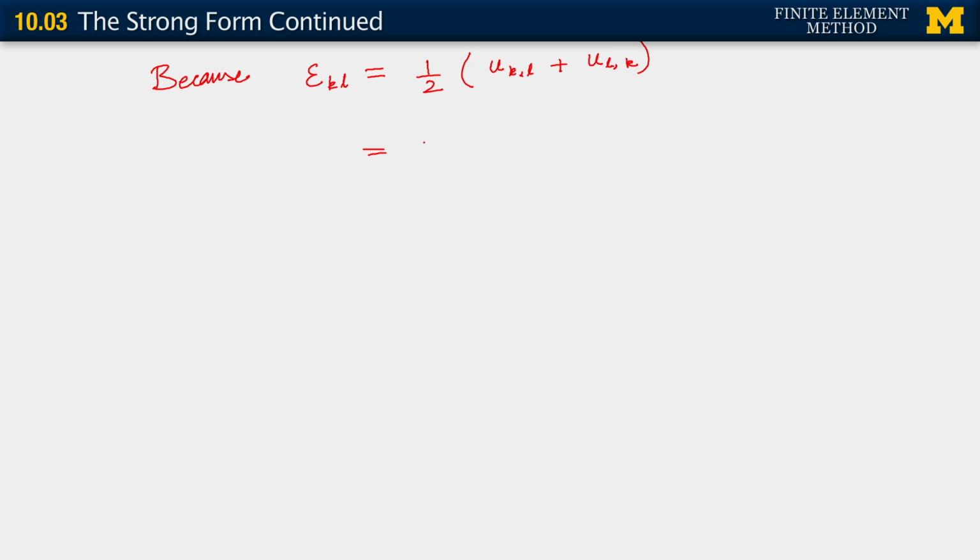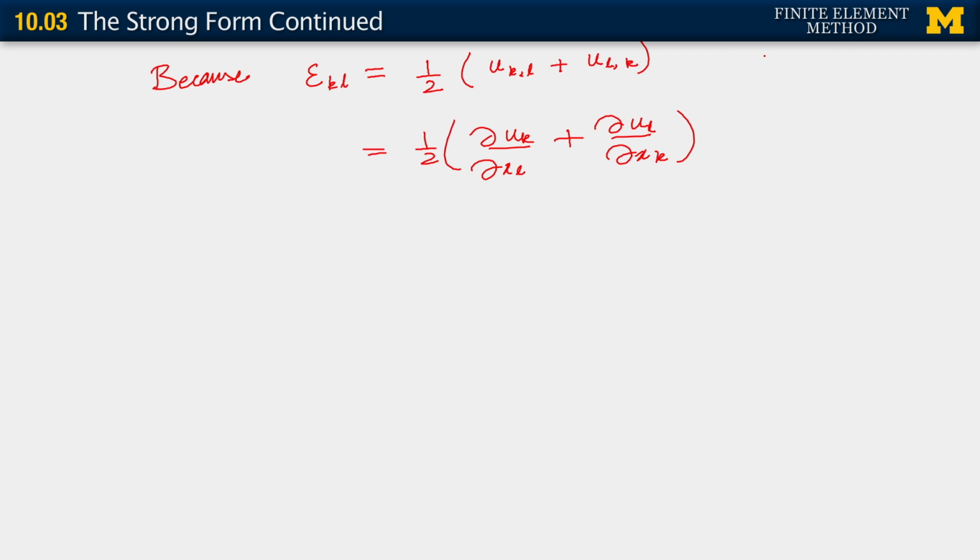Remember what that is? That is just one half of the derivative of u_k with respect to x_l, which is the first term in the parenthesis, plus the derivative of u_l with respect to x_k.